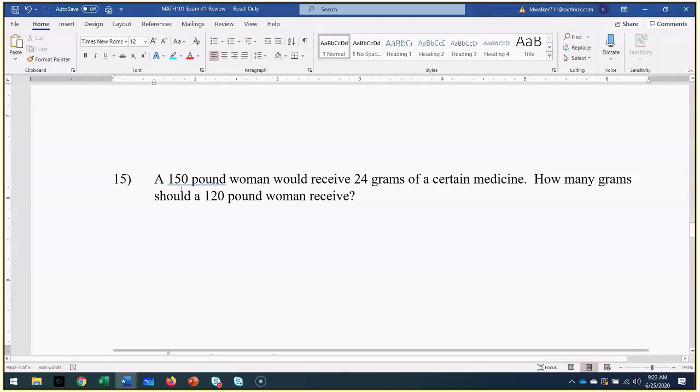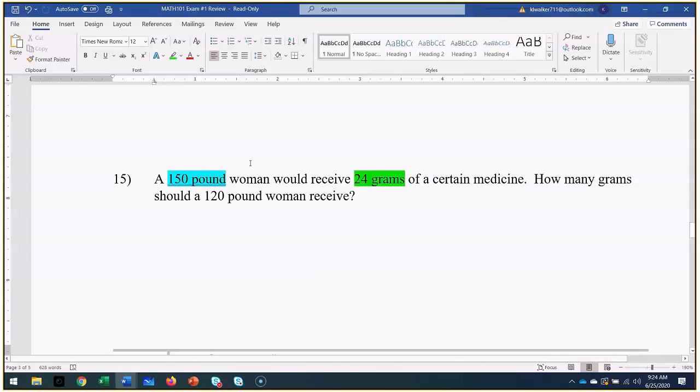Just go with the 2 that go together. You have a 150-pound woman, and she's going to receive 24 grams of medicine. Those are 2 pieces of information that go together. So I like to start with the 2 that they gave me. Again, you don't have to. We've talked about this quite a bit now.